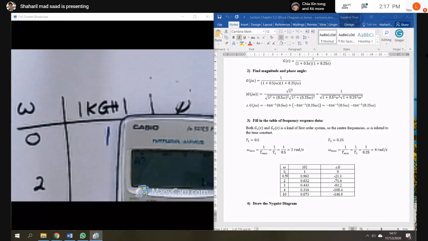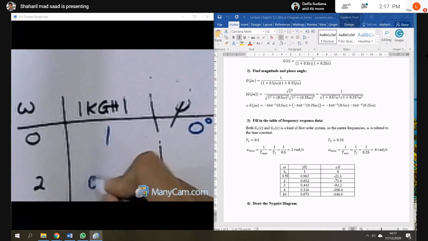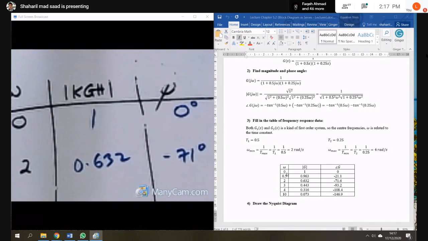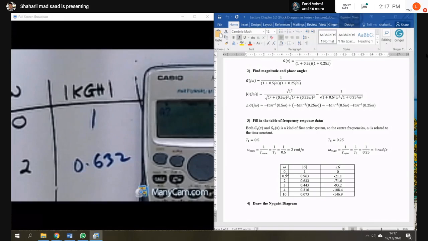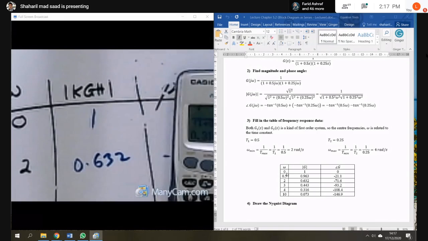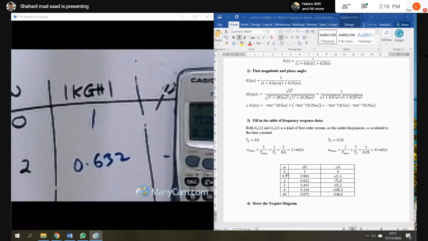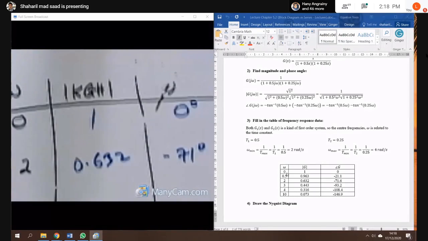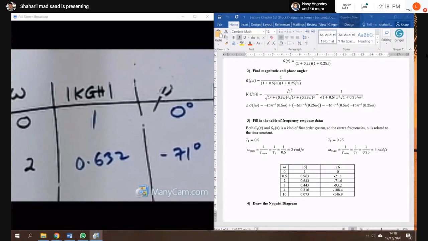Calculate, and then you put A equal to 2, then you get 0.632, and then this one is minus 71 degrees. Okay, then you put A equal to 4, calculate, and you got 0.316, and then this angle is minus 10. Okay, so this is how you calculate by using your calculator.